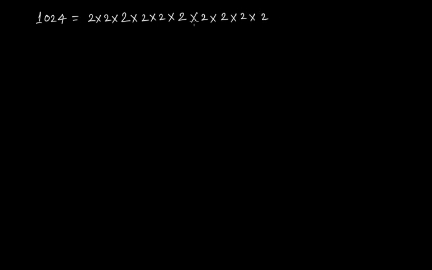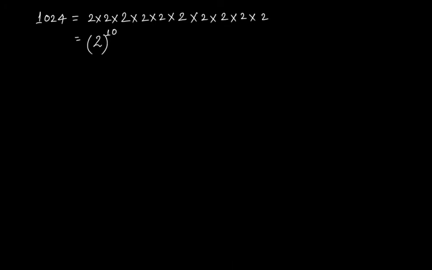So 1024 can be written in this way. How many 2's do we have? We have 10 2's, right? 2 times 2 is 4, times 2 is 8, times 2 is 16, 32, 64, then 128, then 256, then 512, and then 1024. So this is 2 raised to the power of 10, right?